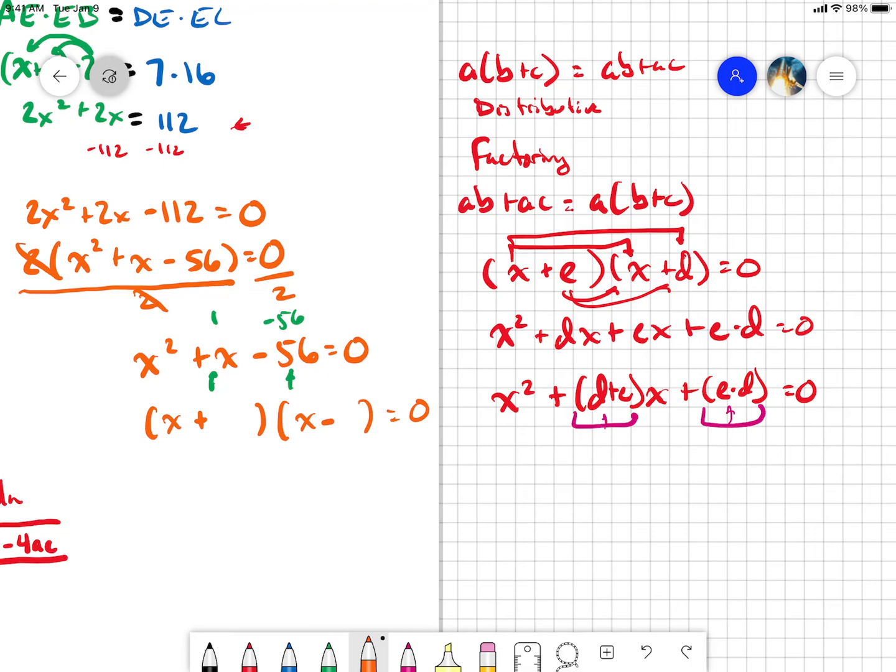Okay, but if I look at 2 and 28, so let's just say I do negative 28 and positive 2. If I add those together, that gives me negative 26, so that doesn't help. So let's try positive 28 and negative 2, that gives me positive 26. Okay, so all those will multiply together to give me negative 56. They're not going to add together to give me 1. So let's try some different values. What else multiplies to give me negative 56?